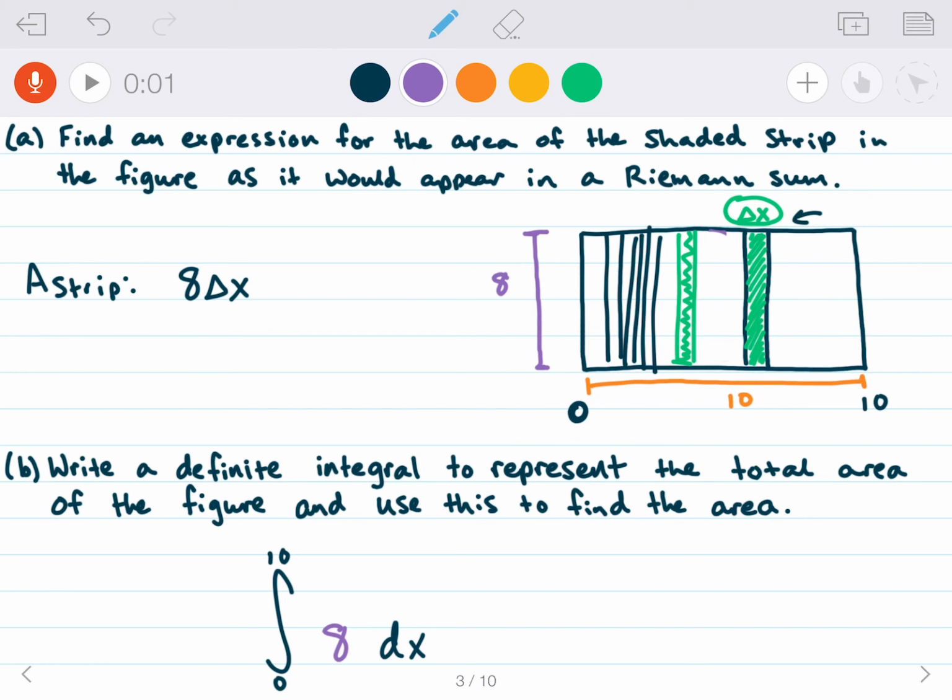All right. And let's go ahead and integrate this. So this is just 8x, and we're going from 0 to 10. So this is going to be 80 units squared.